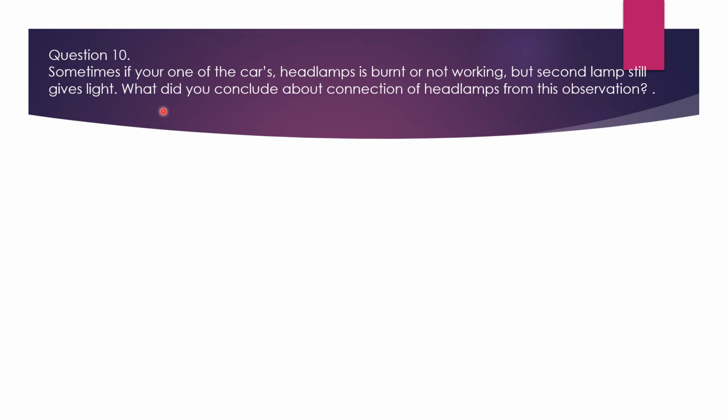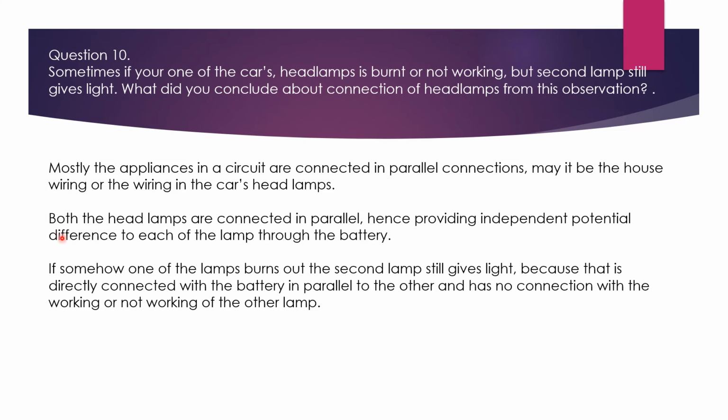Question number 10. Sometimes if one of a car's headlamps is burnt or not working, the second lamp still gives light. What do you conclude about the connection of the headlamps from this observation? Mostly the appliances in a circuit are connected in parallel, may it be house wiring or the wiring of a car's headlamps.